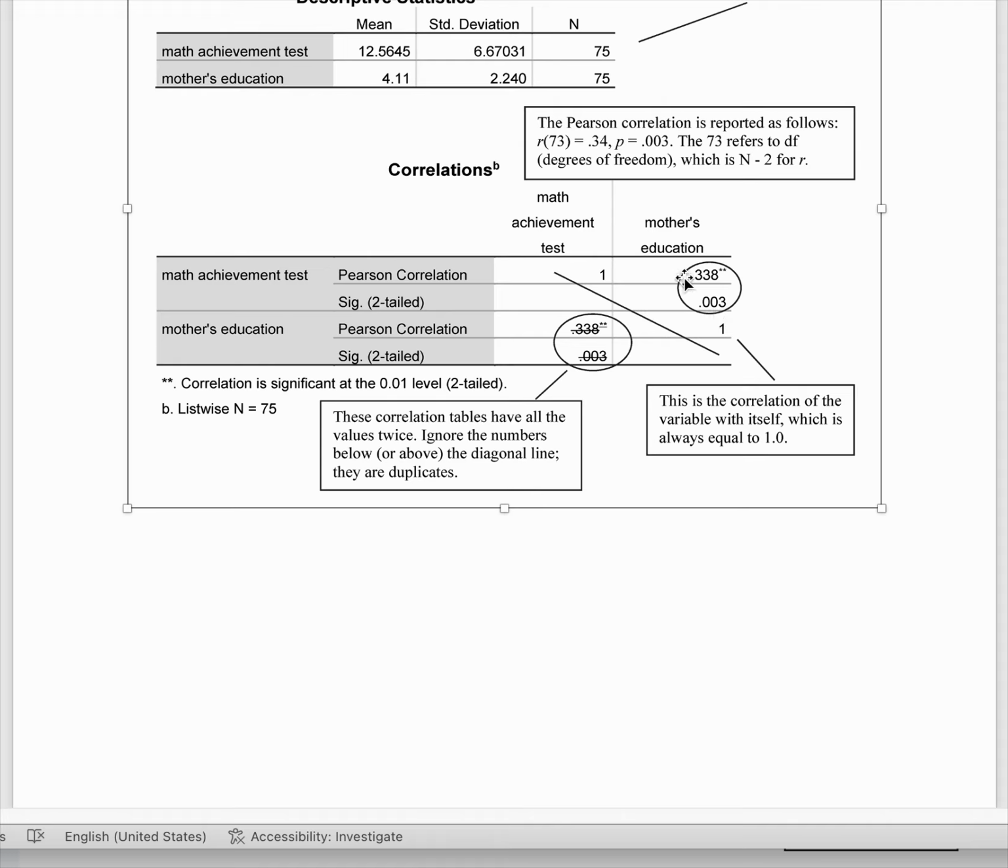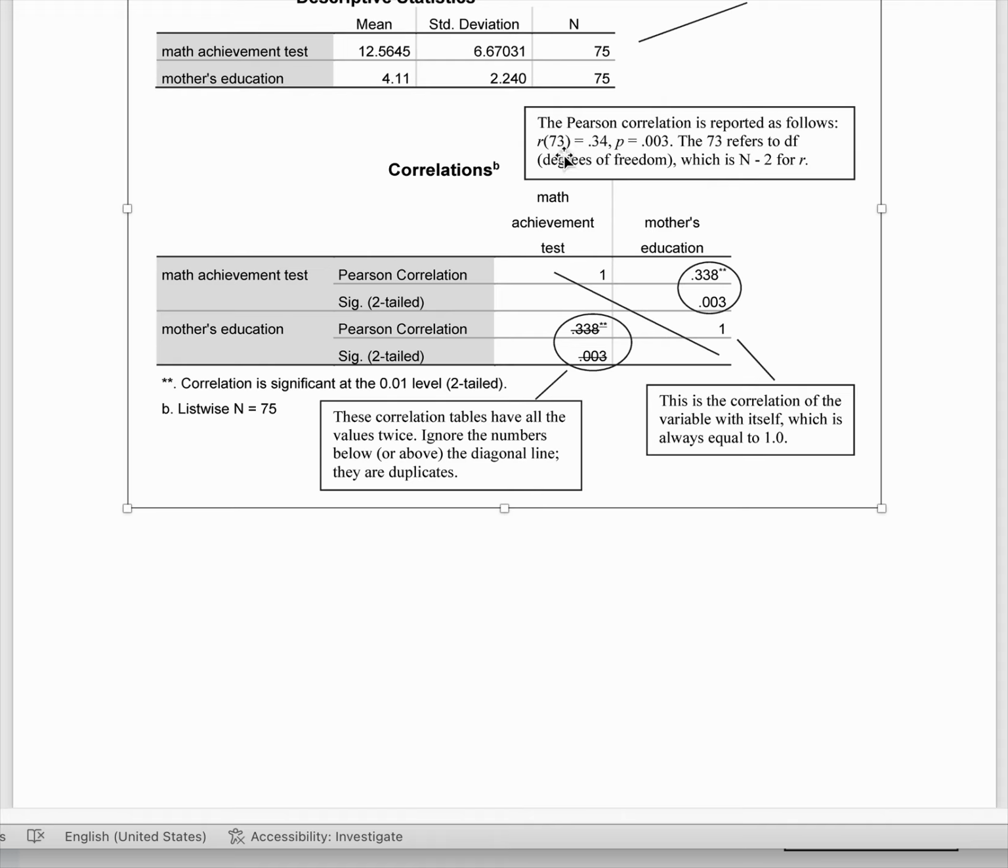If I look at this, I have a relationship of 0.338 and a significance of 0.003. So I would report this as my r(73) is equal to 0.34, because I would round, with a p-value of 0.003.